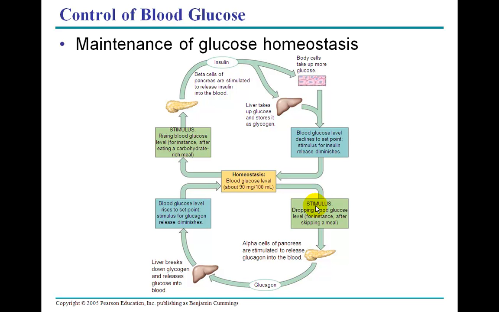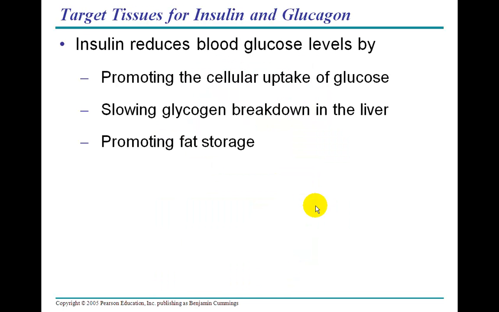Once we get to too little glucose in the blood, we're then going to use glucagon, and glucagon is going to stimulate the release of sugar back into the blood. It's going to break down that glycogen and release it into the blood, and it's the alpha cells that are going to do that.